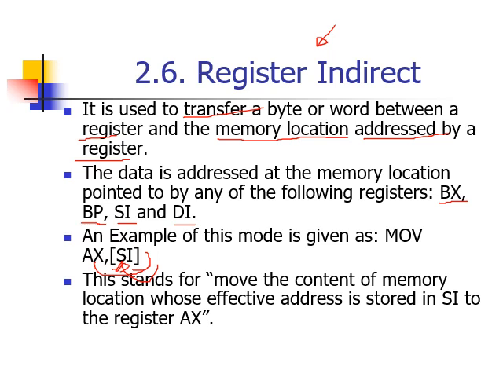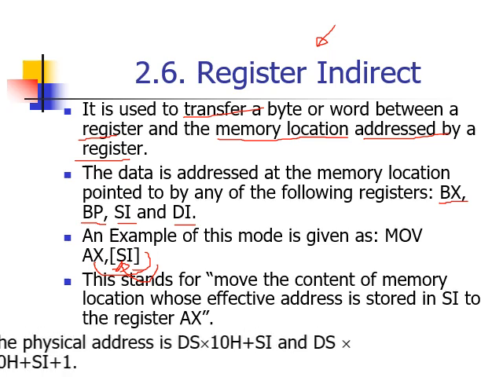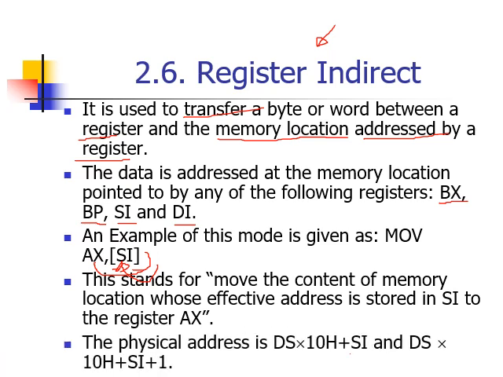So you have to go to SI and SI plus 1. You go to SI and SI plus 1 to get the low byte to be placed in AL, and the high byte to be placed in AH.